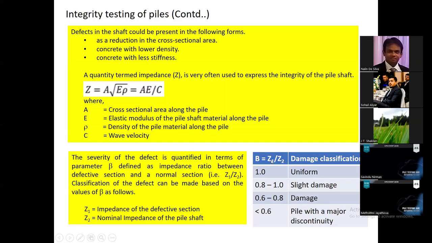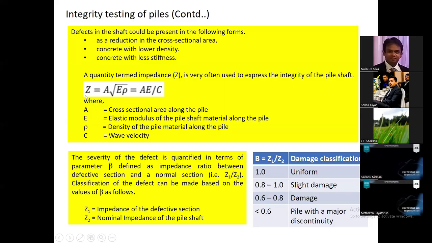Z is the pile impedance. The definition of the pile impedance is given here. Pile impedance is defined as AE over C. A is the cross-sectional area of the pile, E is the elastic modulus of the pile material, concrete, and C is the wave velocity. If there is a serious quality issue, then pile impedance will be affected.